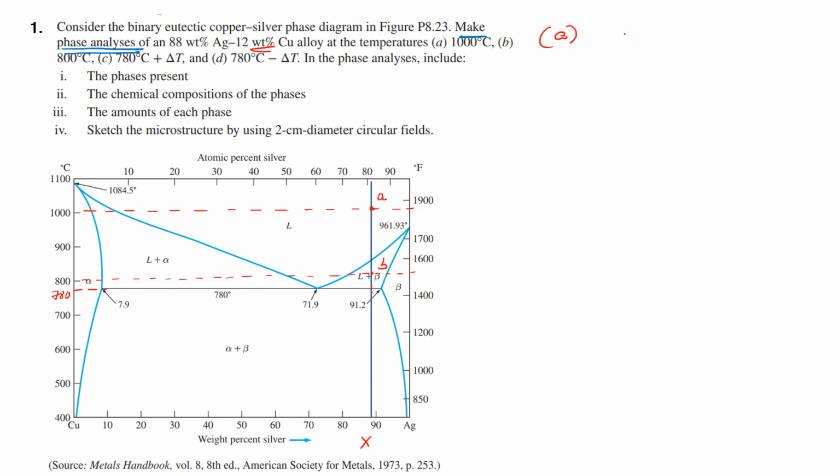Anyways, so at A, at 1000 degrees centigrade, the phases present are liquid, right?